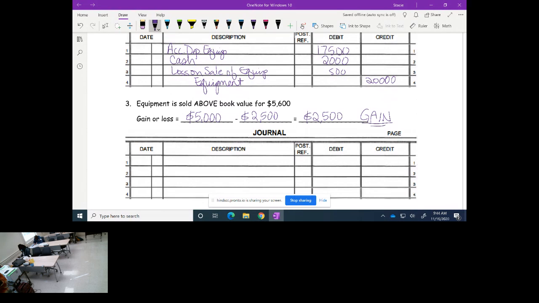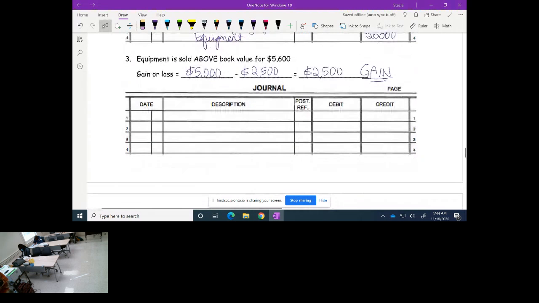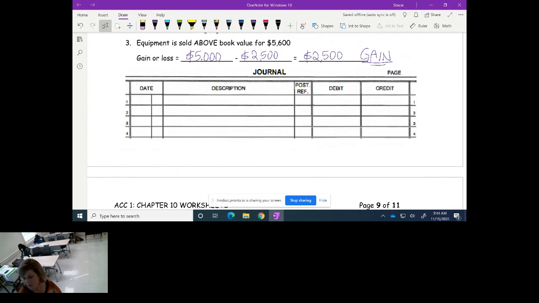That's better. So again, we're always going to have the same accumulated depreciation for each scenario. It's going to be the same. 17.5. We're going to credit equipment every time for 20.